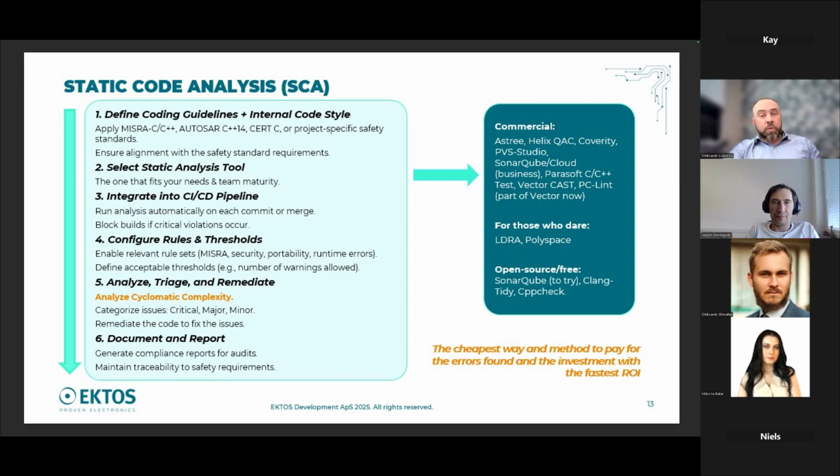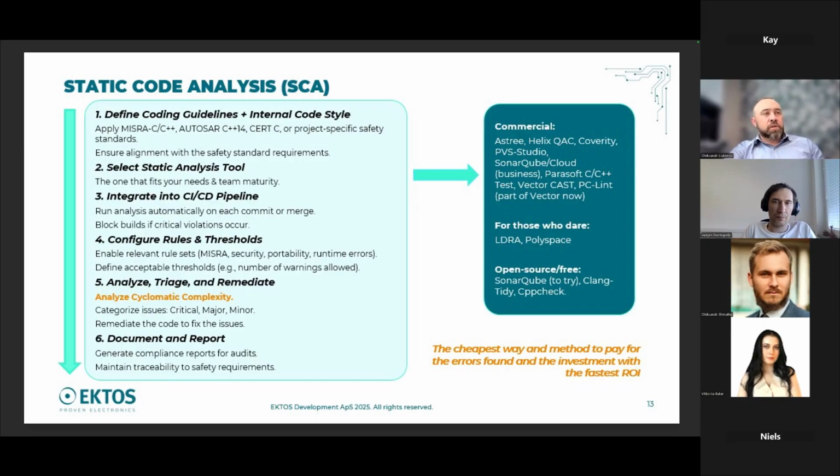Some standards prescribe requirements for cyclomatic complexity. To put it simply, for specific applications your code must be simple instead of being made in an extremely sophisticated manner. And then you document and report. So basically, that's what static code analysis does, and here is the process from 1 to 6 for providing excellence of static code analysis in your team.